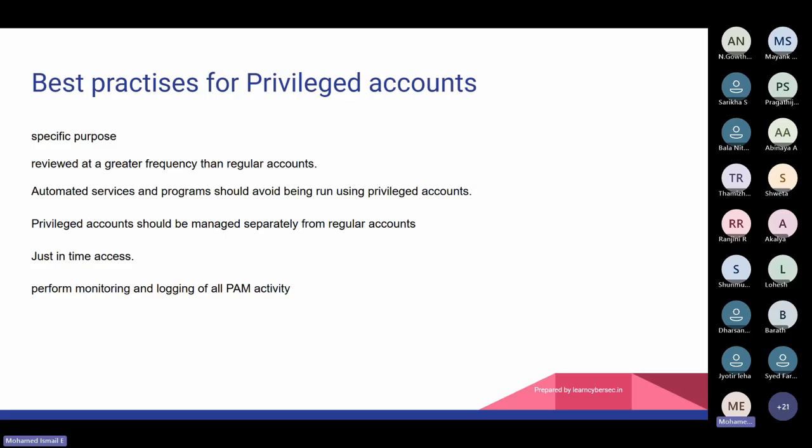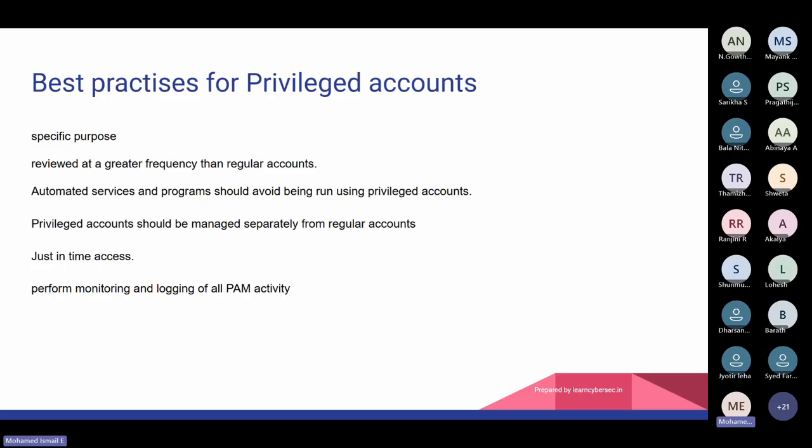That can impact the entire company. Privileged accounts should be managed separately from regular accounts. Even if I am an administrator, I shouldn't use my high privileged administrator account for my regular tasks. I should use my user account. The user account is given specific permissions based on my role. If I am in HR or IT, I have access to the system normally as a normal user.